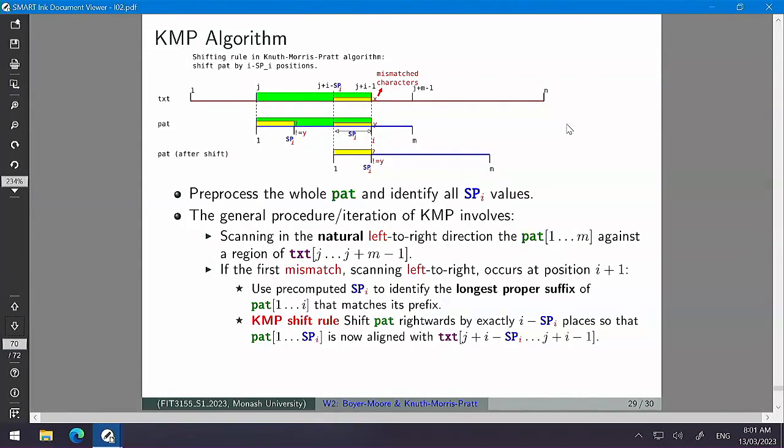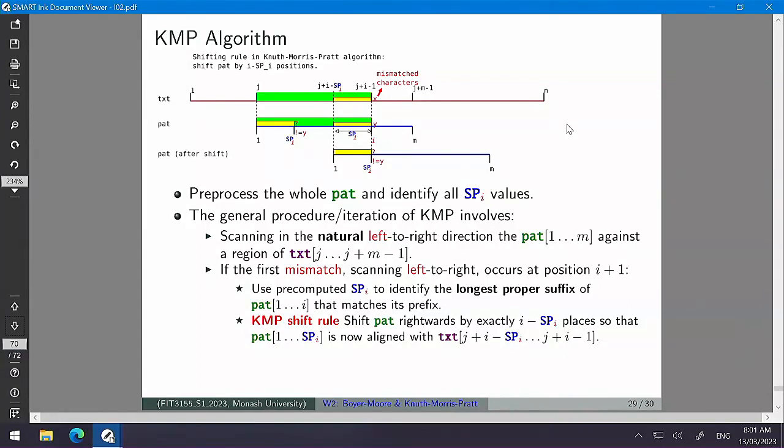KMP is different from Boyer-Moore in that it will do a left to right scanning. It's going to check, is the character at position J in the text the same as the first one? If yes, is the character at J plus 1 the same as 2? So the scanning happens left to right.